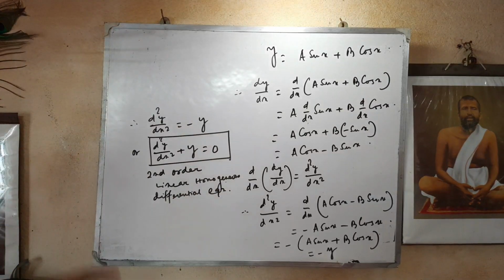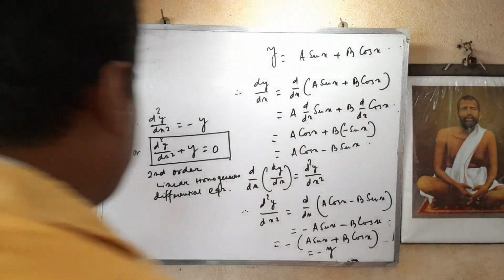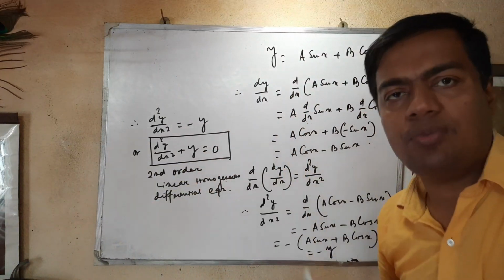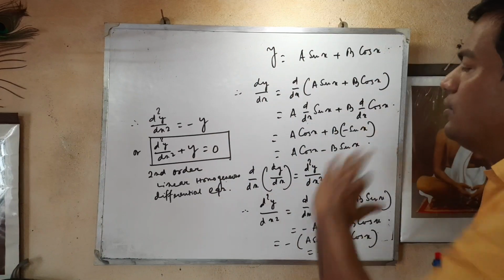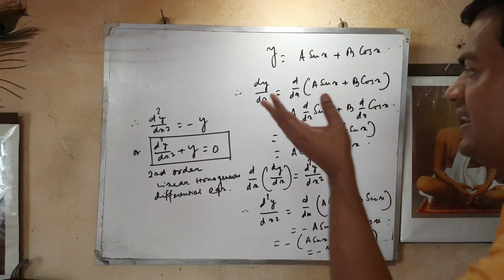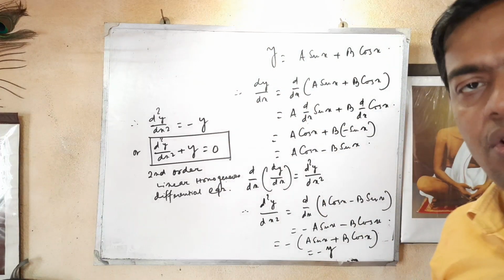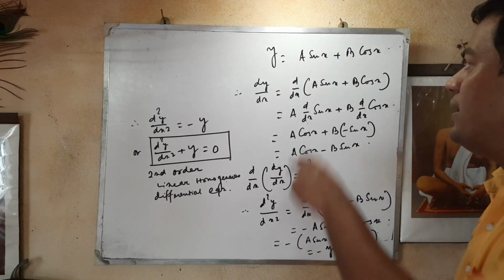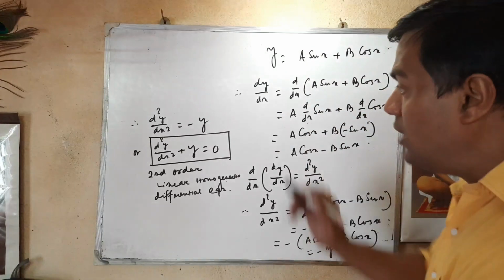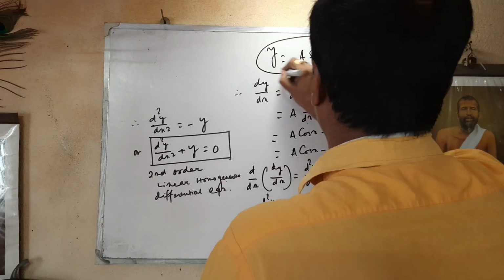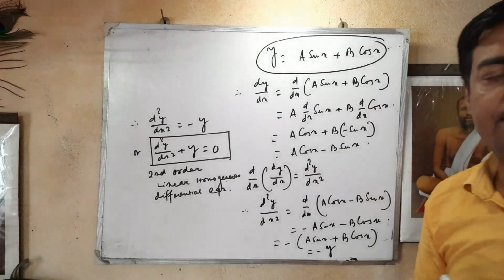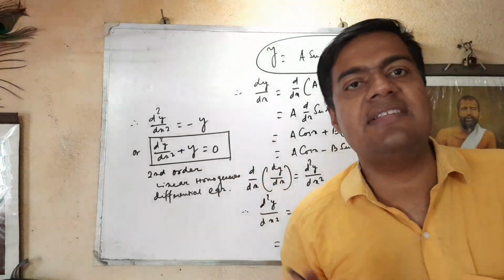So conversely, I can say that the equation d2y/dx2 plus y equals 0 is satisfied when we take y equal to a sin x plus b cos x. So we can say that y equals a sin x plus b cos x is a solution of this differential equation.